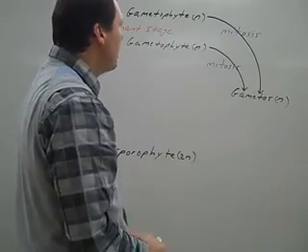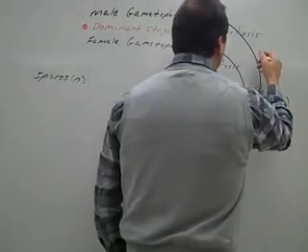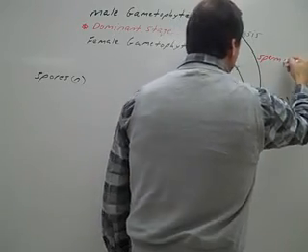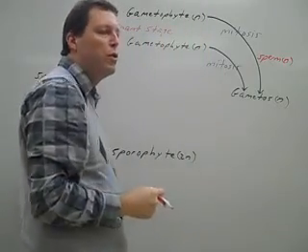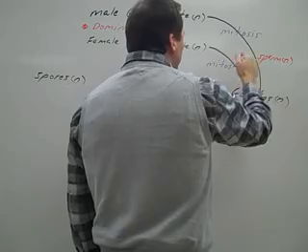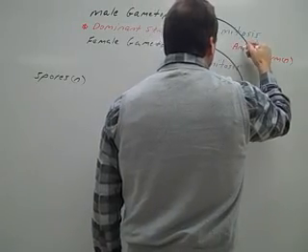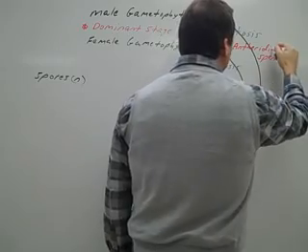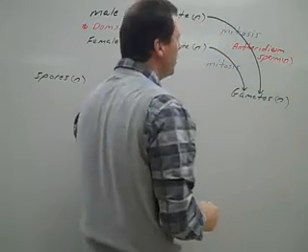Now the male gametophyte is the sperm. The sperm is N, and the sperm are produced in the plant organ called the antheridia, or antheridium would be singular.